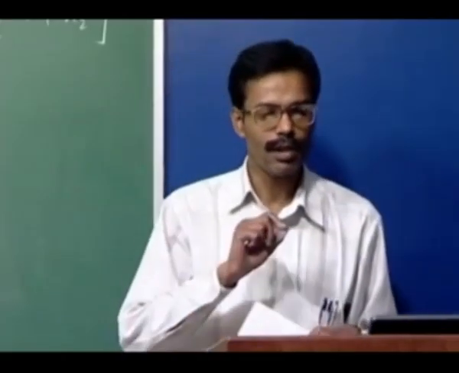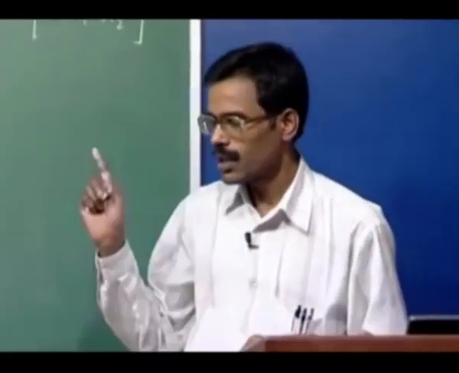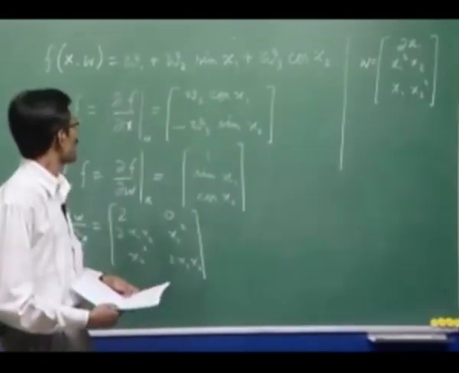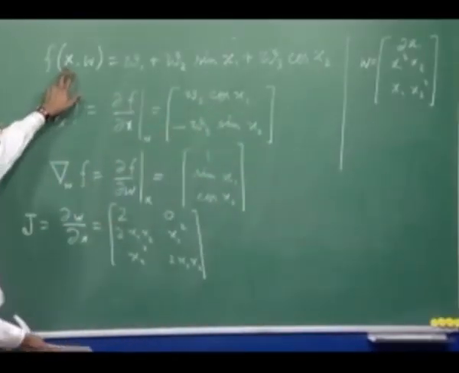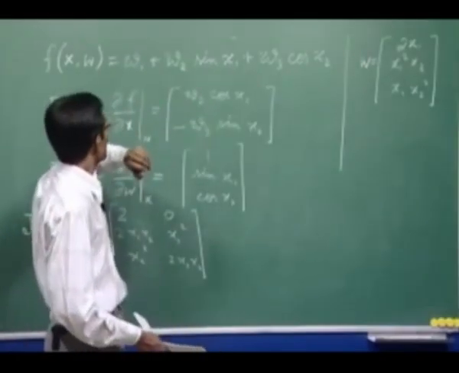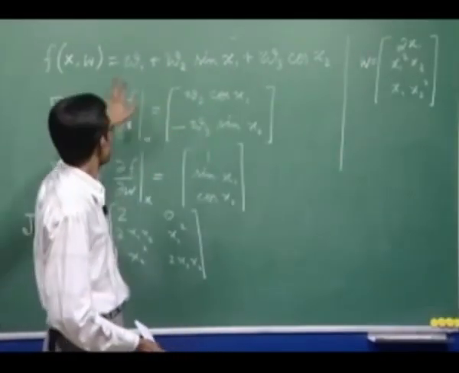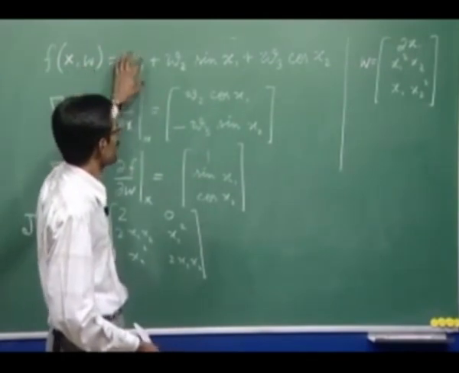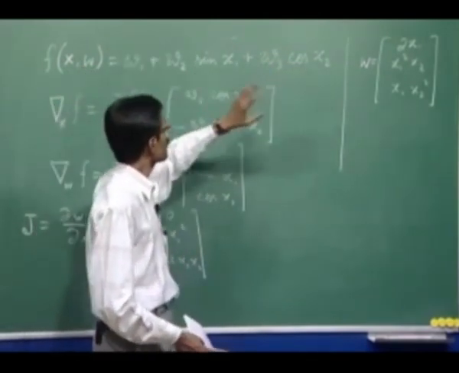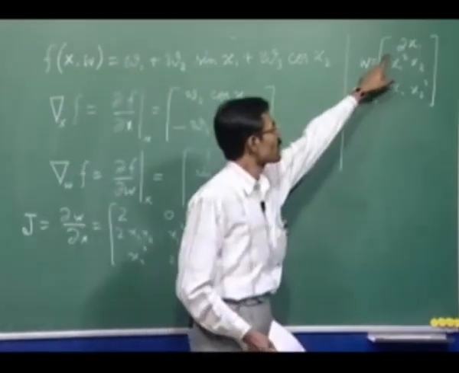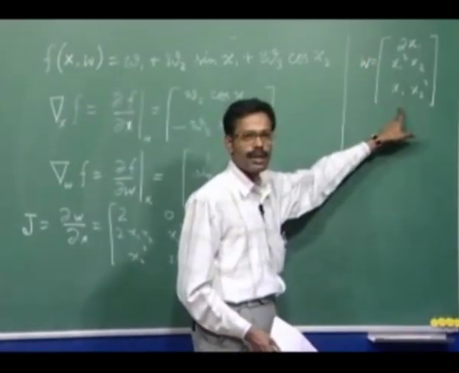In order to see how it is used, let us consider this small example. We have a function of two vector variables x and w, with a 2-dimensional vector x, x1, x2, and a 3-dimensional vector w, w1, w2, w3, and the function is like this. Now, the vector w itself is a function of x, which is given like this.